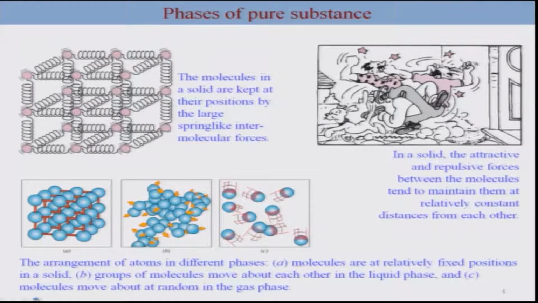Now, a pure substance can be seen in different phases, and what we call phase is what we observe in, let us say, water: ice, liquid water, and water vapor. This is mainly because substances are composed of atoms or molecules with different arrangements in different states.